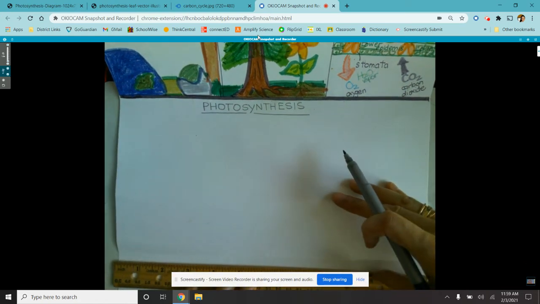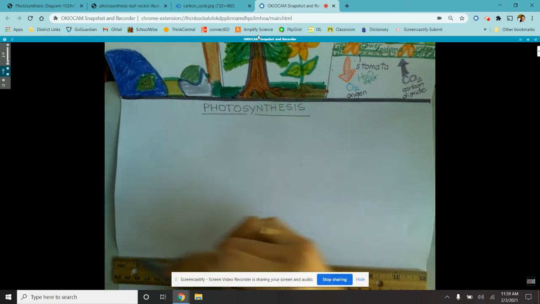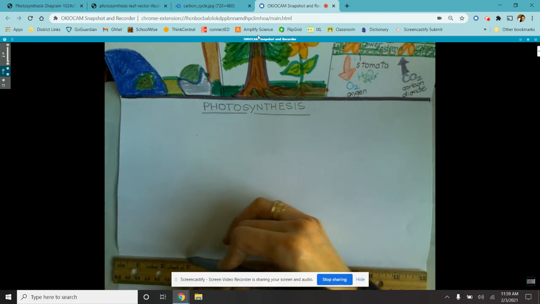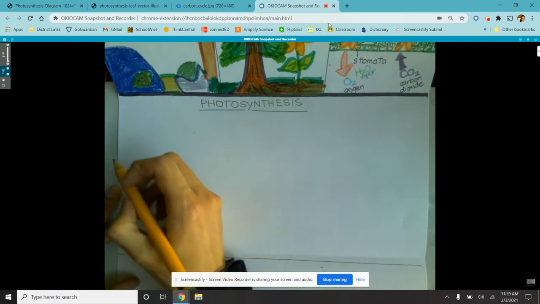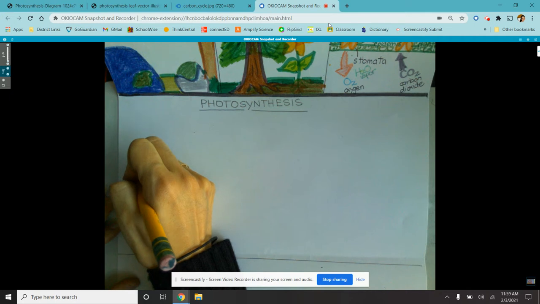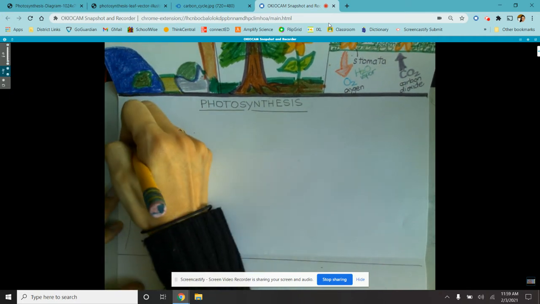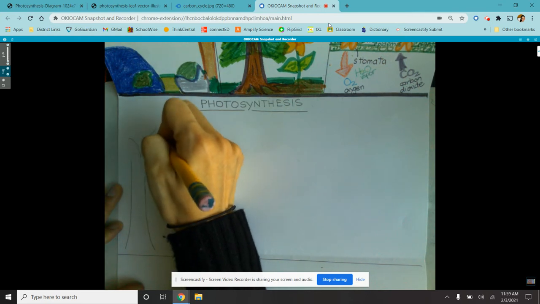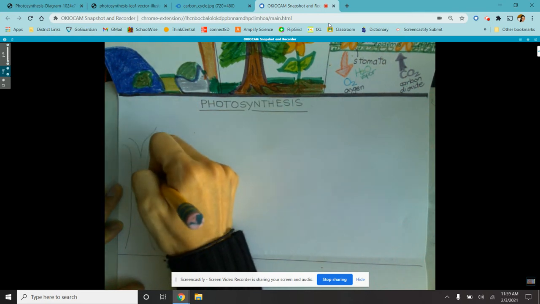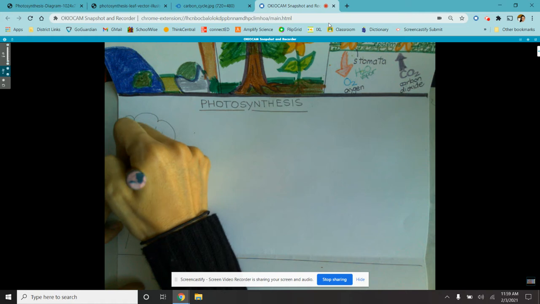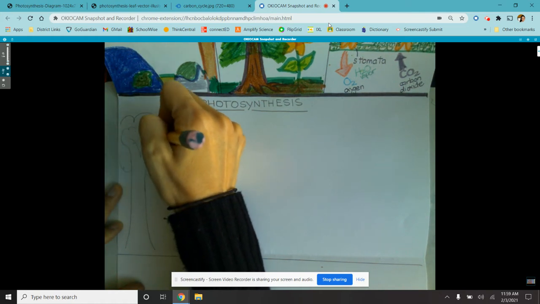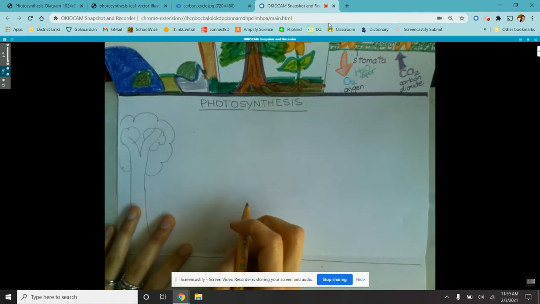Just go a little more so I have more room. So we have our tree. There's our tree.